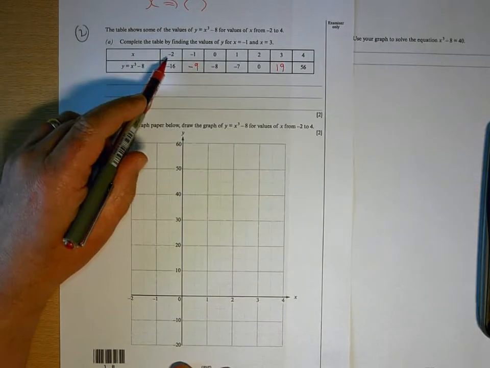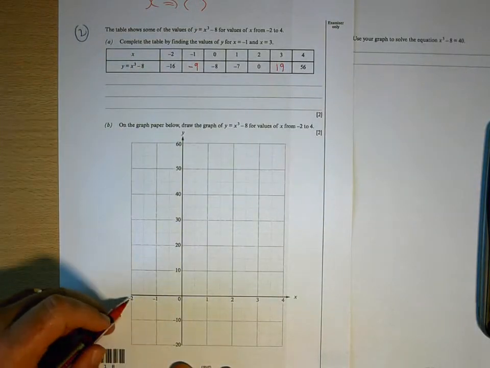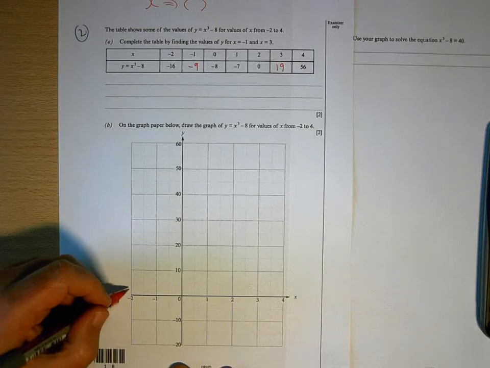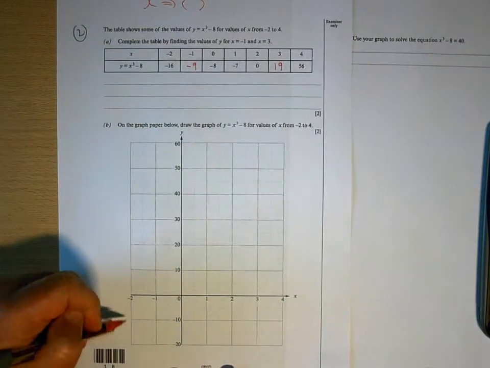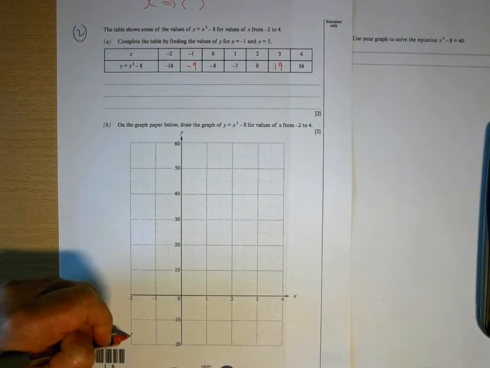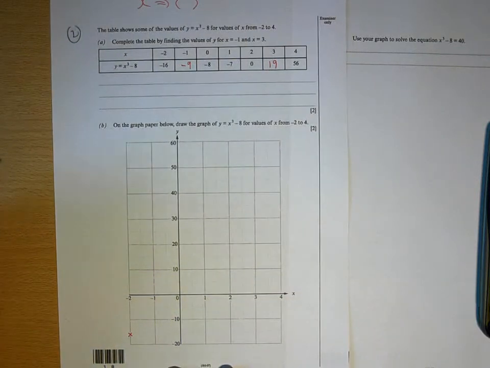So the first one is -2 on the x-axis to -16 on the y-axis. There's -15, so -16 will be just below that.